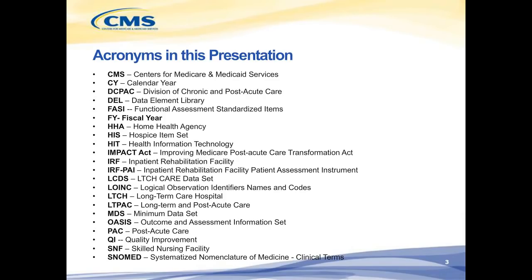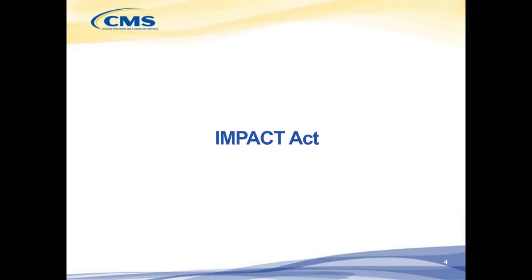While we're waiting for the next slide to come up, today we'll be talking about the Data Element Library, and I'll just begin with a little bit of background information. The Division of Chronic and Post-Acute Care is responsible for post-acute care quality reporting programs, and that includes programs for inpatient rehab facilities, skilled nursing facilities, hospices, home health agencies, and long-term care hospitals.